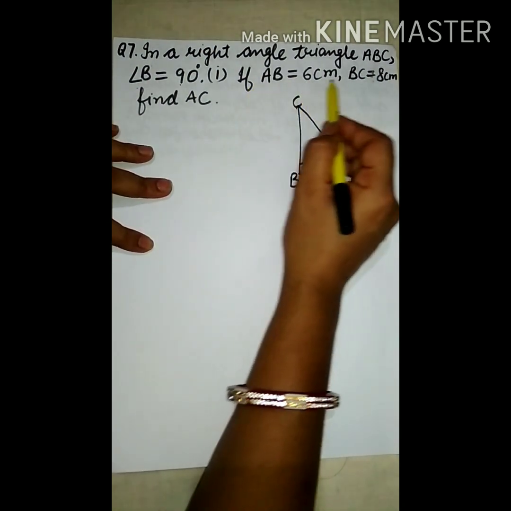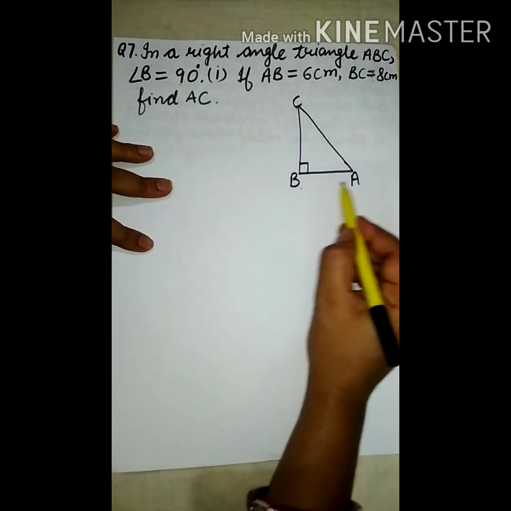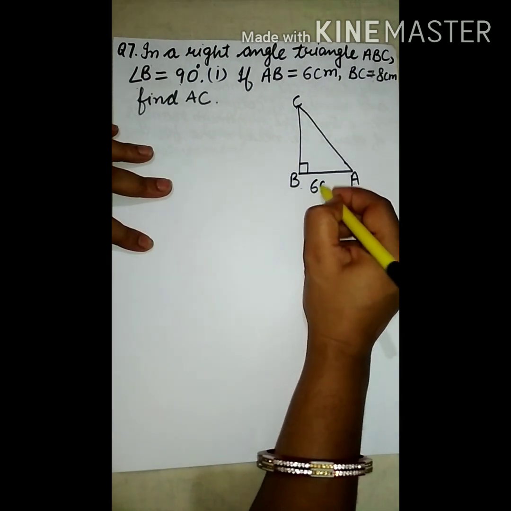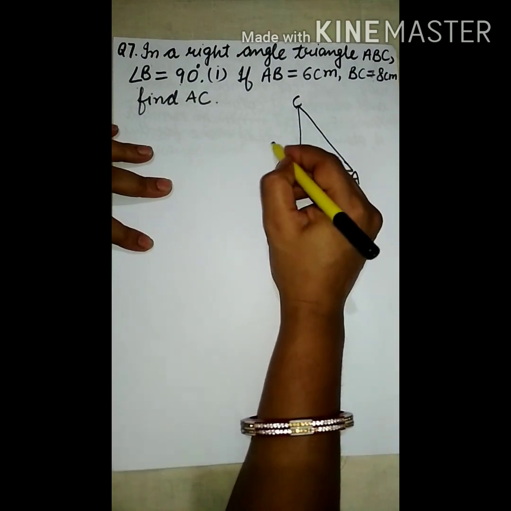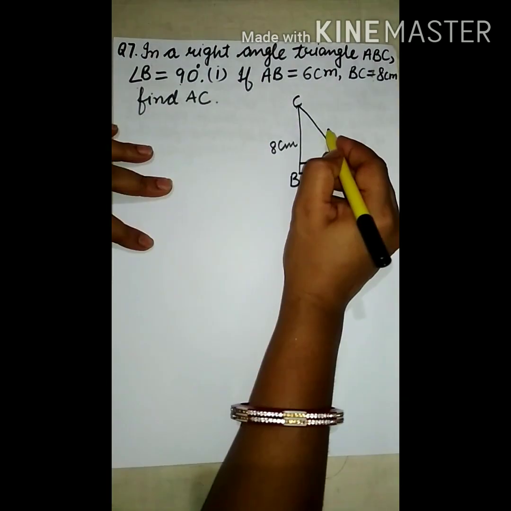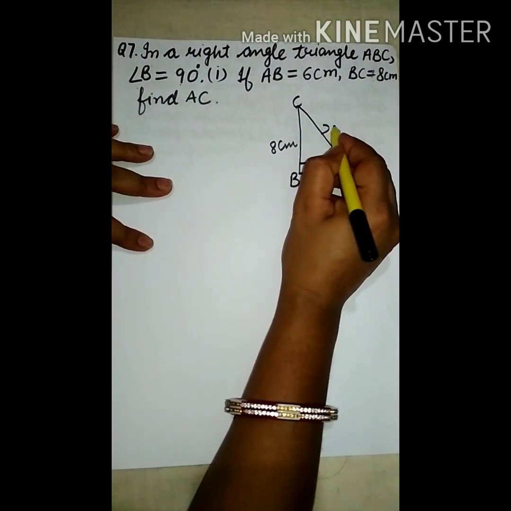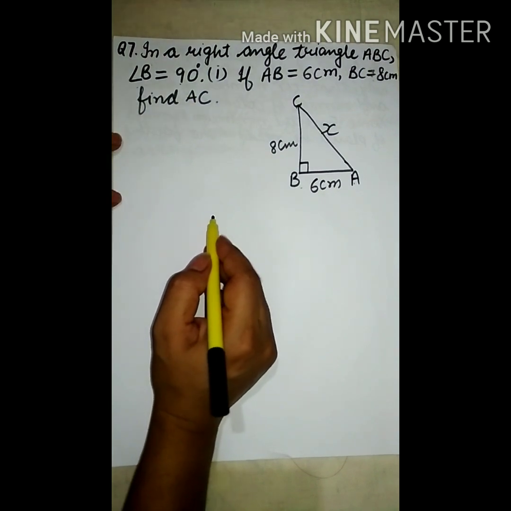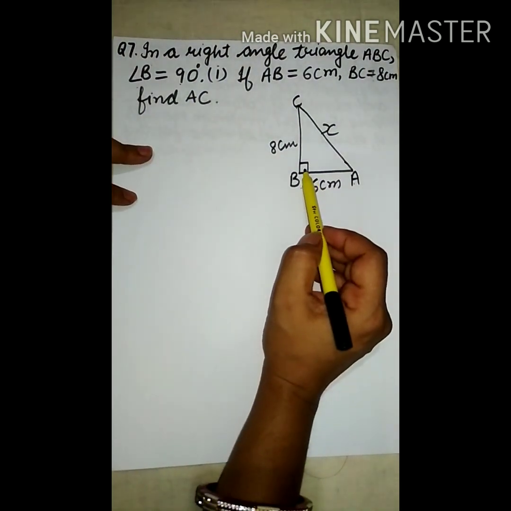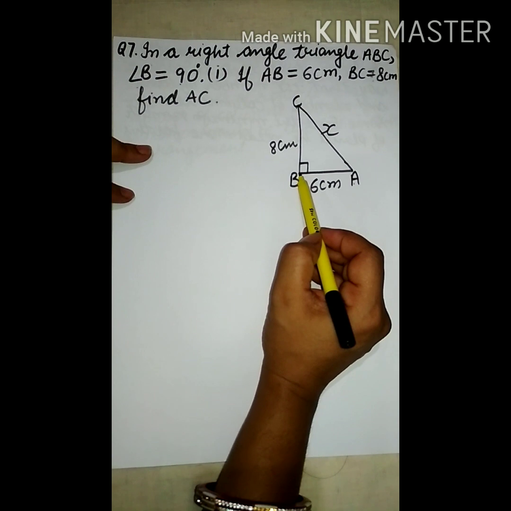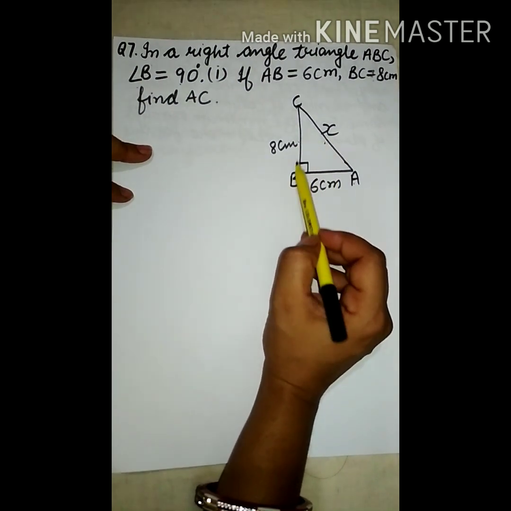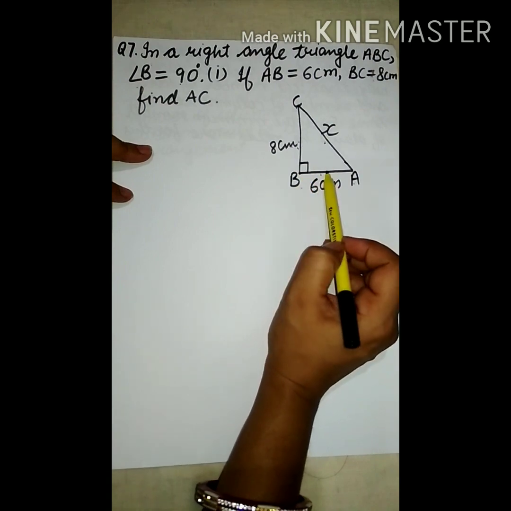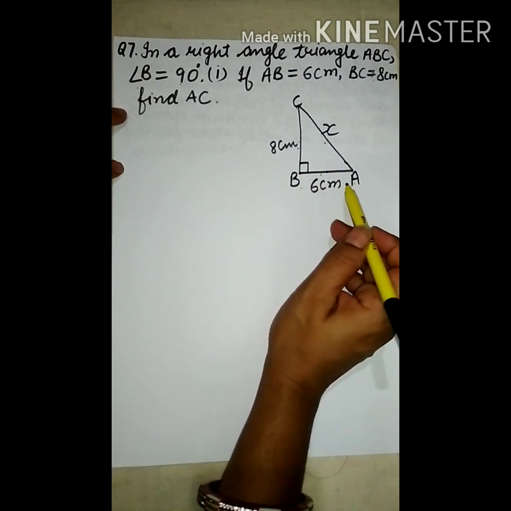Now if AB is equal to 6 centimeter, it means this AB is equal to 6 centimeter. This BC is equal to 8 centimeter. I have to find AC. I'll take it as X. Students, we know that in a right angle triangle, the square of the hypotenuse is equal to the sum of the squares of the other two sides by Pythagoras property.